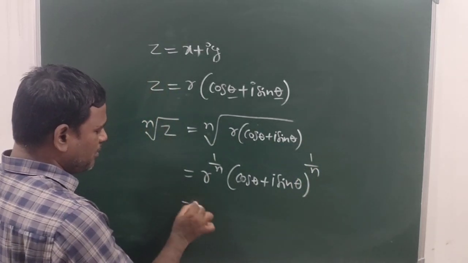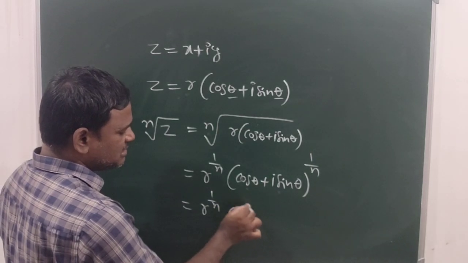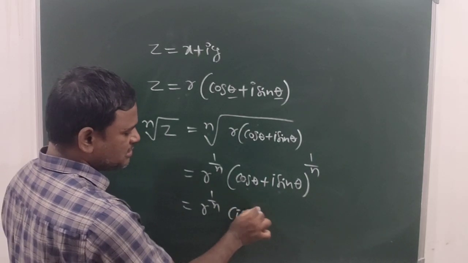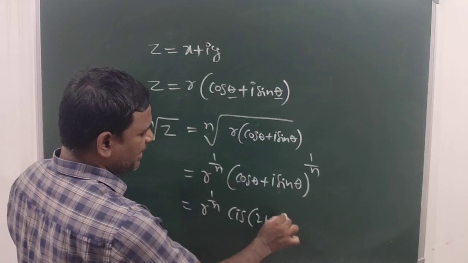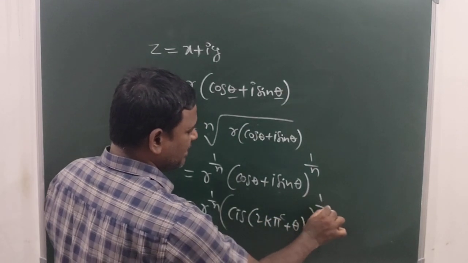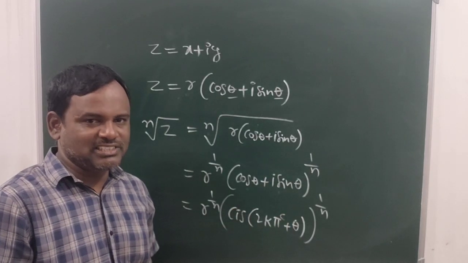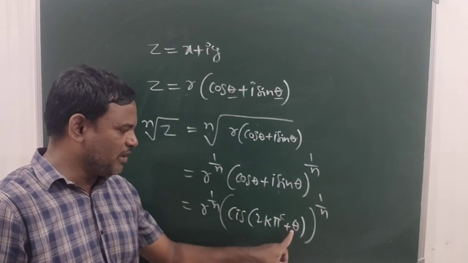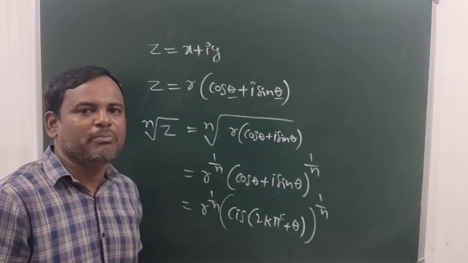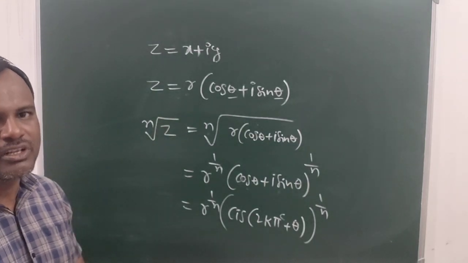In the next step, I am going to write this one as cis of 2k pi radians plus theta whole power 1 by n. Can I write? So here, this can be written cis theta, but in the place of amplitude, I added 2k pi plus theta to get more than one solution, more than one root.